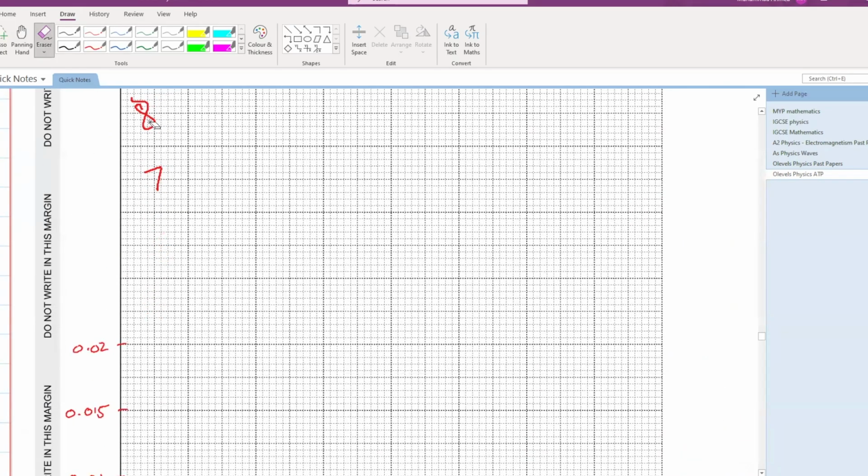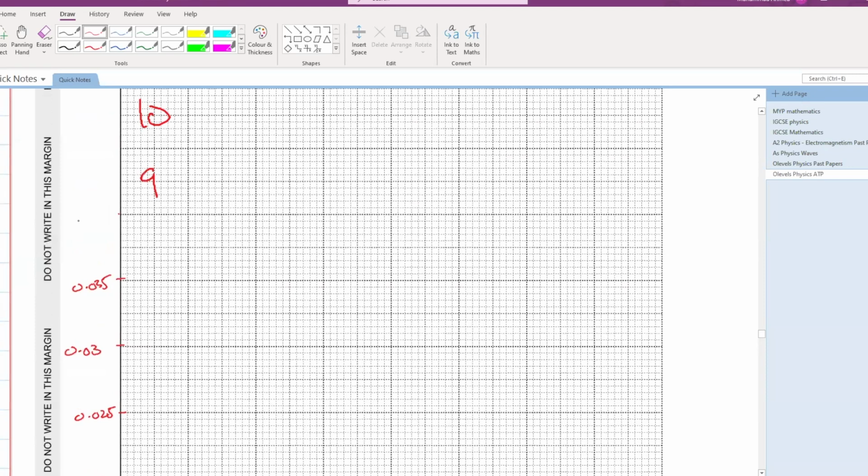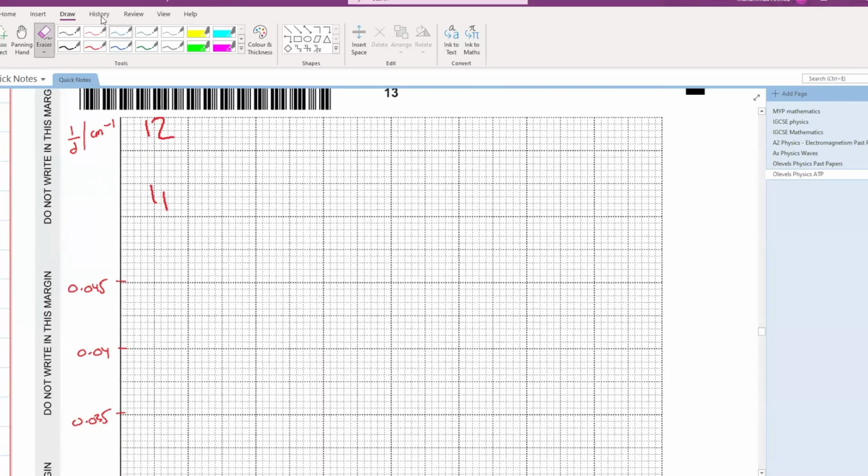This will be 0.025. Perfect. This will be 0.03. Perfect. And this will be 0.035. Perfect. This will be 0.04, 0.045, and the last one. I guess the last one, this will be 0.05.